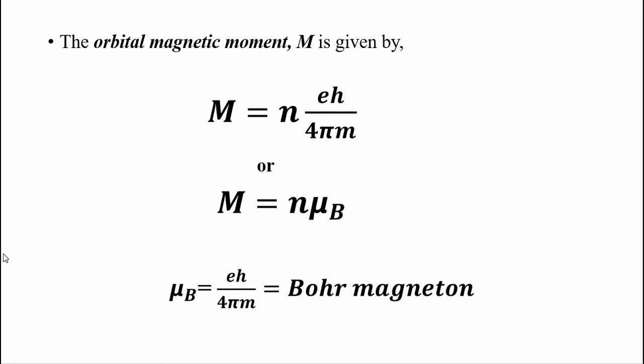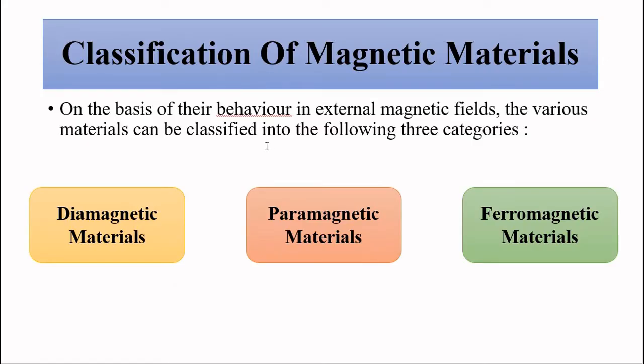Okay, so this is why the materials respond to a magnetic field, or they acquire magnetic properties. So on the basis of this, magnetic materials can be classified into three categories: diamagnetic materials, paramagnetic materials, ferromagnetic materials. In this video we will be discussing only diamagnetic materials. Paramagnetic and ferromagnetic materials we will discuss in separate videos.